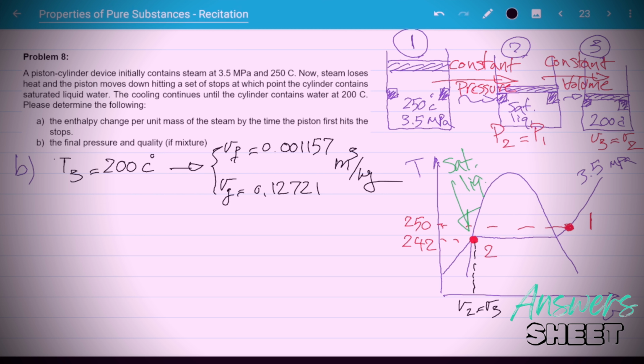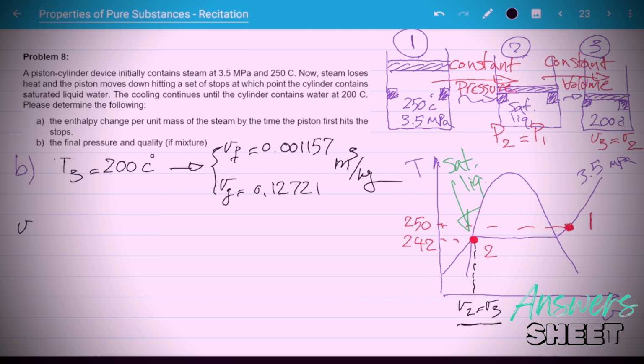I'm going to check the specific volume at point 3 with these two numbers to see whether we are in compressed liquid or in a mixture zone. But first, I need to find the specific volume at the final state. We already know that it's equal to the specific volume of the second state, and we already know everything about our second state.